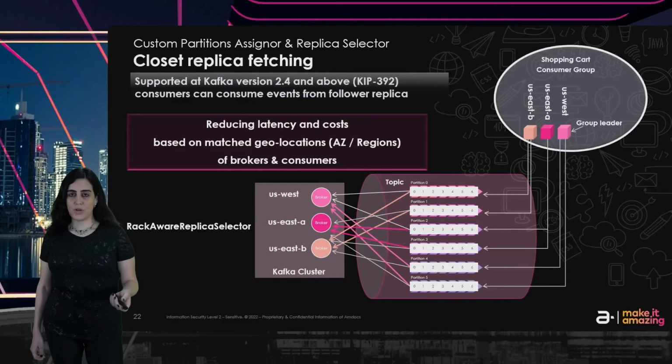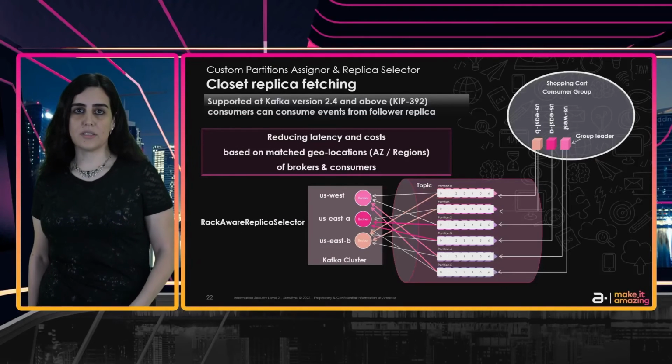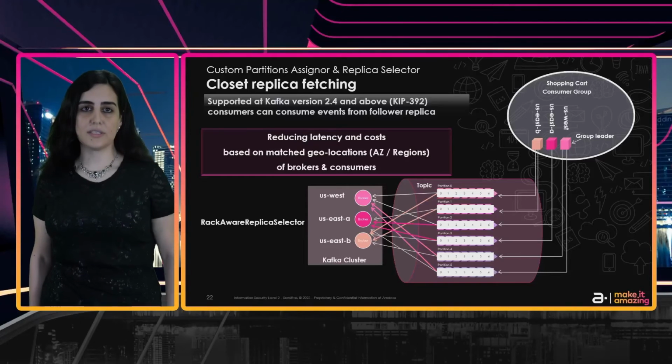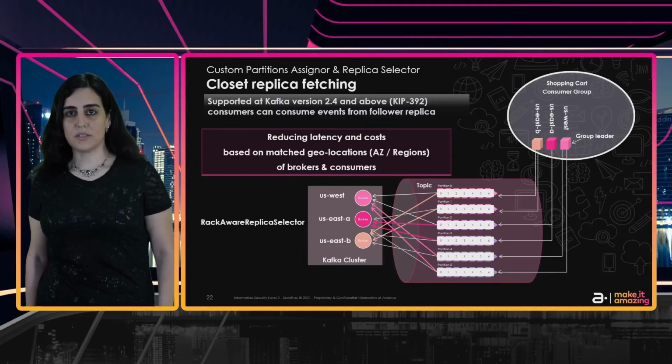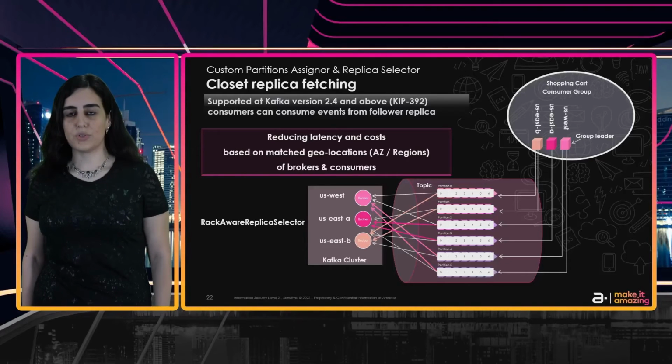And let's look at one more interesting use case. Let's say we have a Kafka cluster that spans multiple availability zones. In this case, we have three brokers: one in US West, and two others in East, in East A and East B. And also our clients are located in different availability zones.